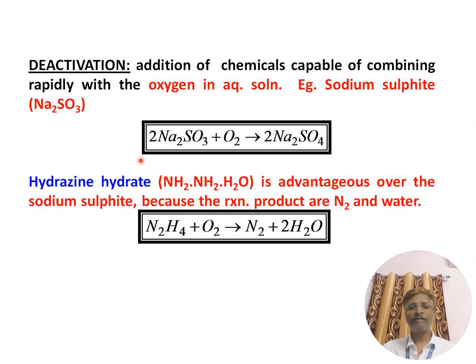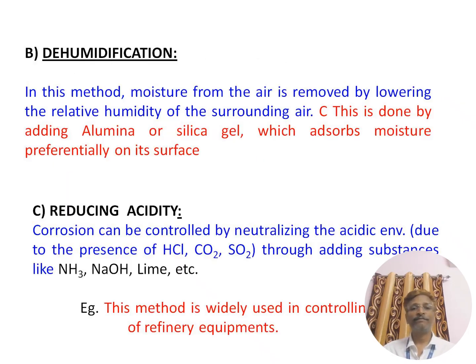If you are using sodium sulfite, it reacts with oxygen to form sodium sulfate. Again, it is a salt. Whereas in the case of hydrazine, it reacts with the oxygen to form nitrogen and water. Both are harmless, so this is the best way of de-aeration.